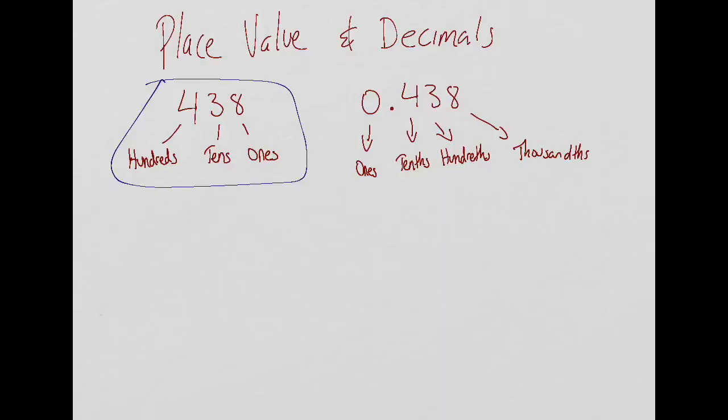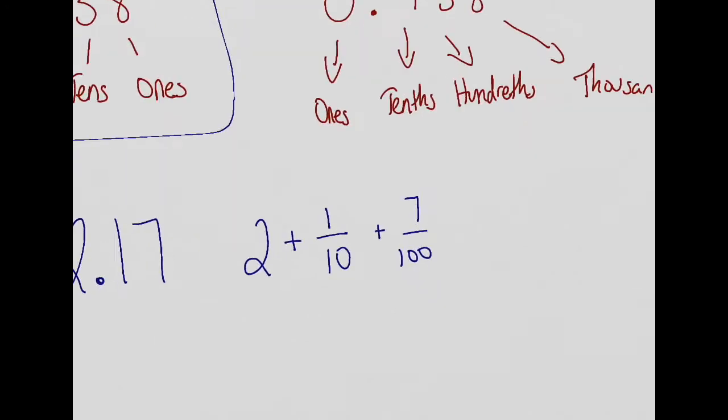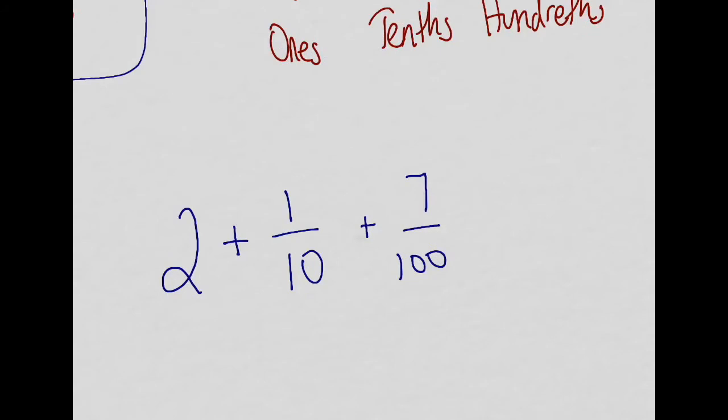So let's look at some examples here. If we look at 2.17, this is the ones column over here. So here's what it would look like if we had to do it as a fraction. You have 2, and you would have 1/10 plus 7/100ths. Because we cannot add these two right here because their denominators are different, we need to make the denominator the same.